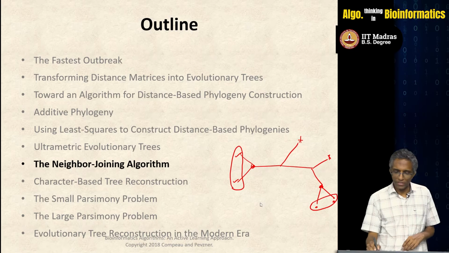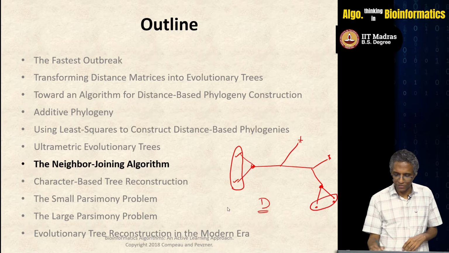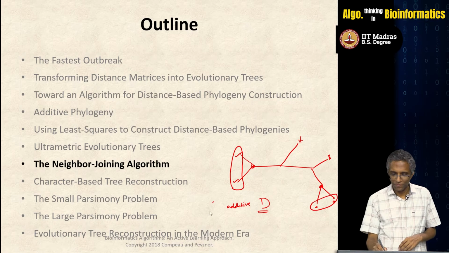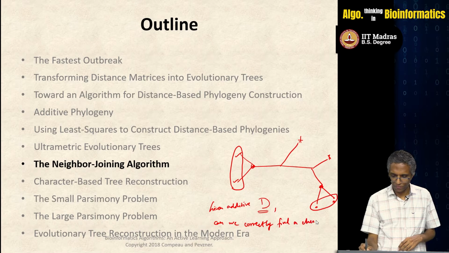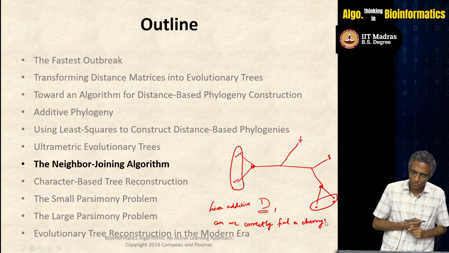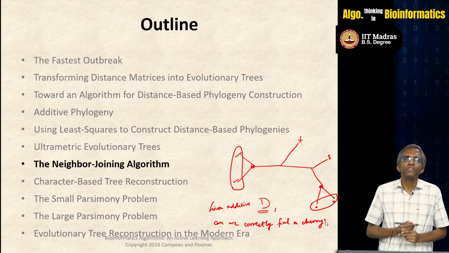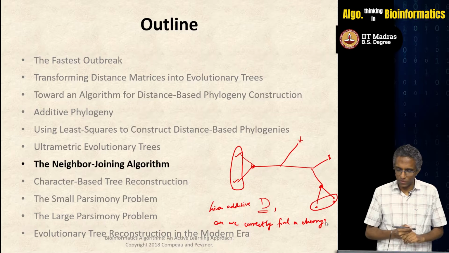Now, given the input distance matrix D which is additive, can we correctly find a cherry? That is what we are going to look at.